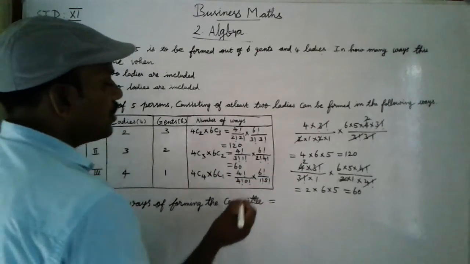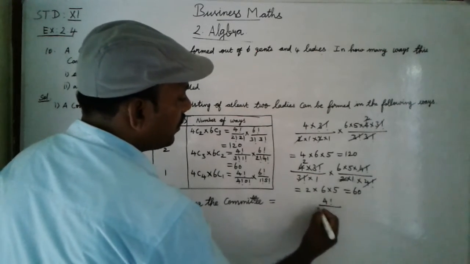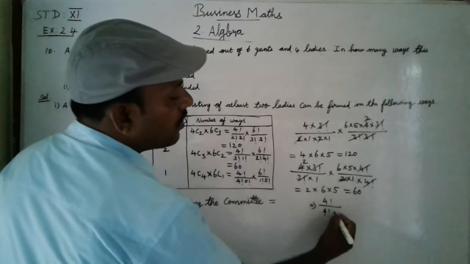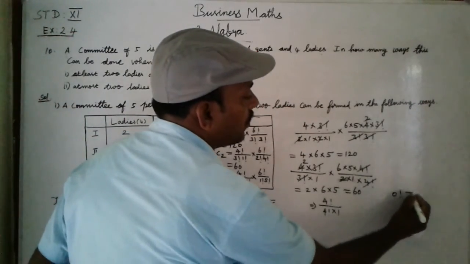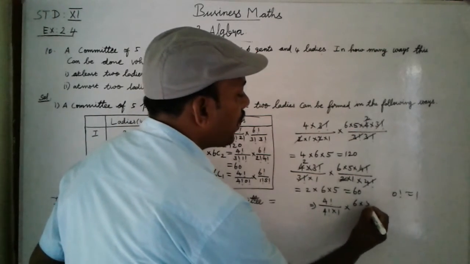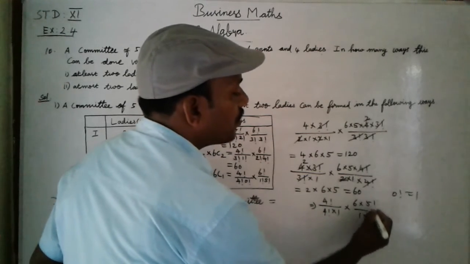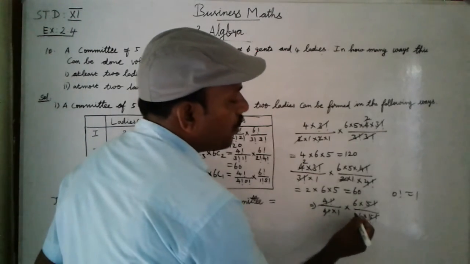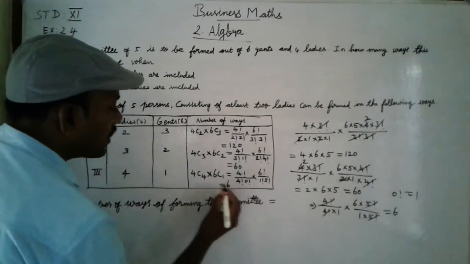So its value is 4 factorial divided by 4 factorial, 0 factorial value is 1, into 6 factorial, we should write 6 into 5 factorial divided by 1 factorial, 5 factorial. 5 factorial cancels, 4 factorial cancels, 1 into 1 is 1, 6 by 1 is 6. So its value is 6.